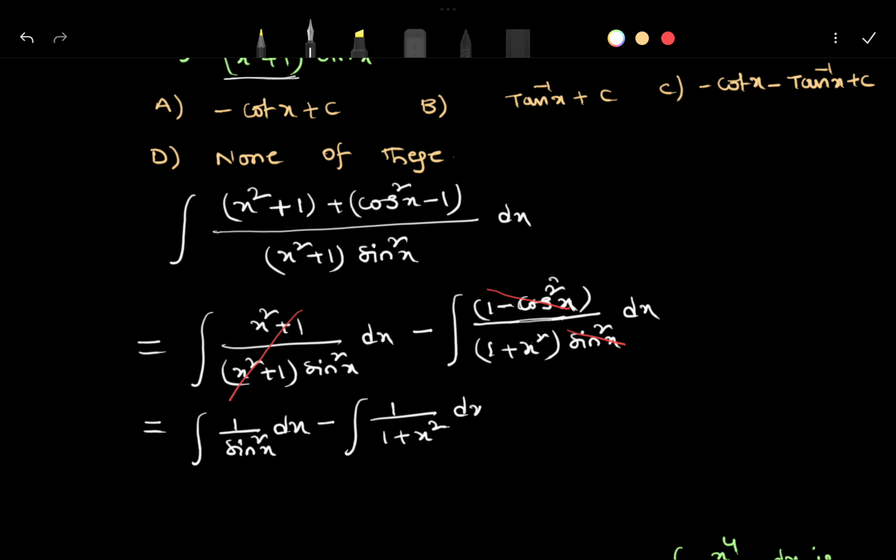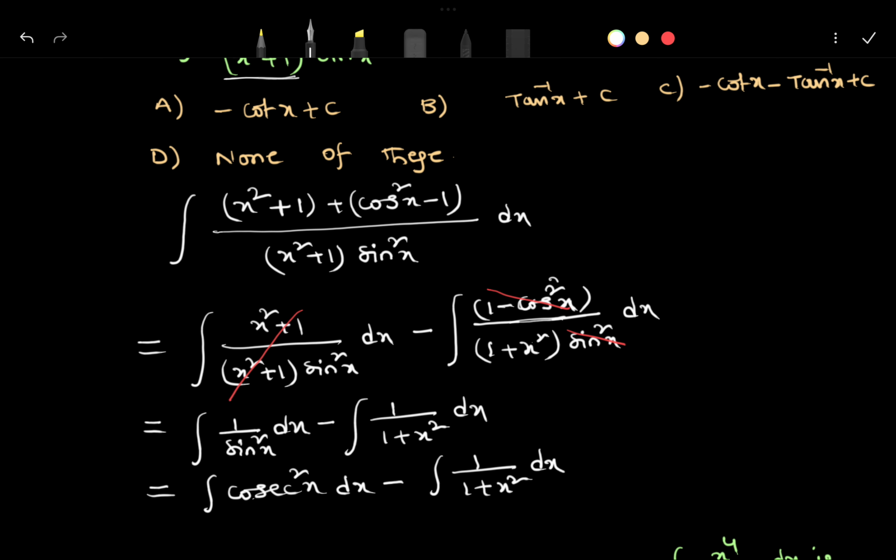Now what is the integration of 1 by sin square x? It is the integration of cosecant square x into dx, minus the integration of 1 by (1 plus x square) into dx.